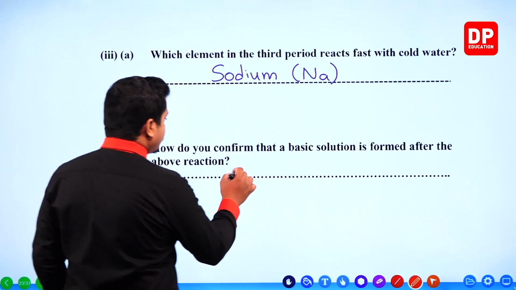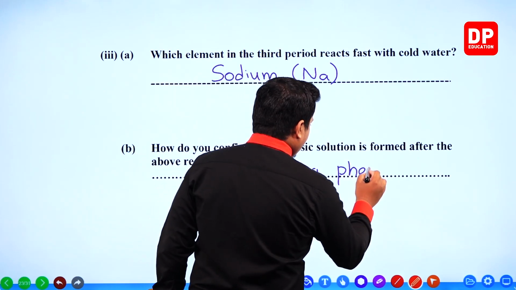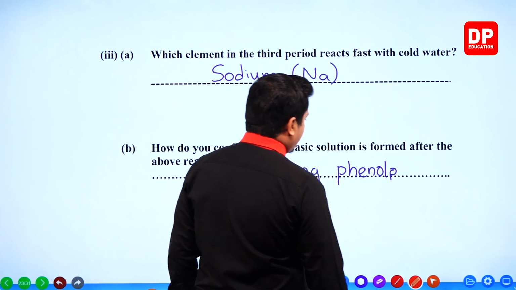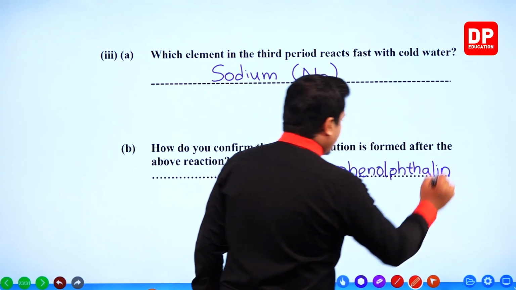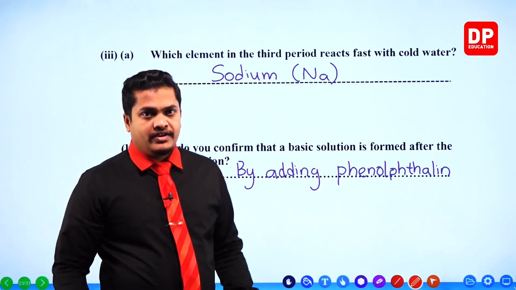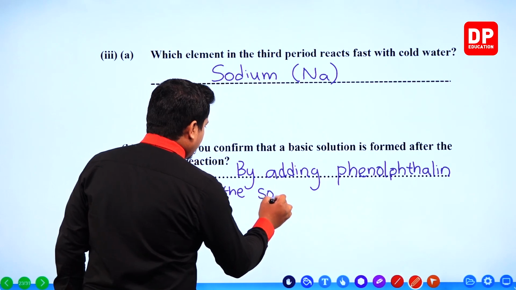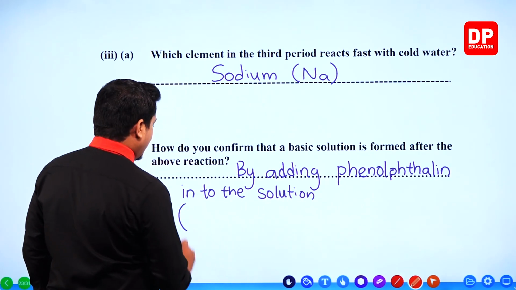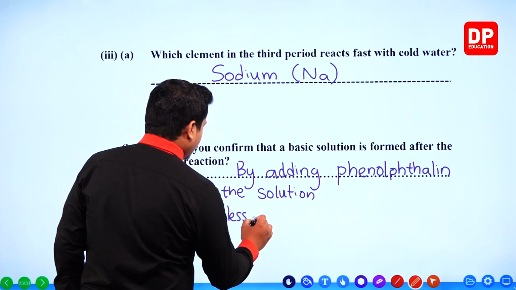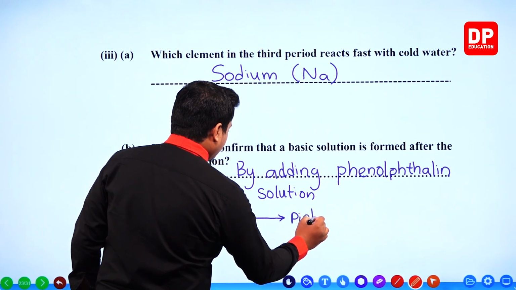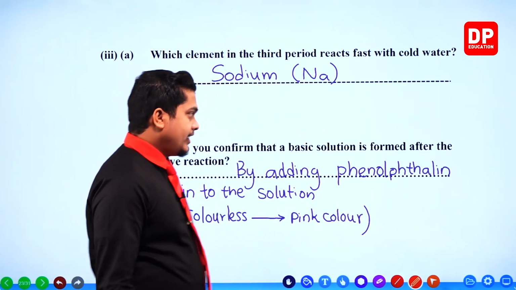So by adding phenolphthalein powder into the solution, within brackets, we can include colorless will turn into pink color, right?